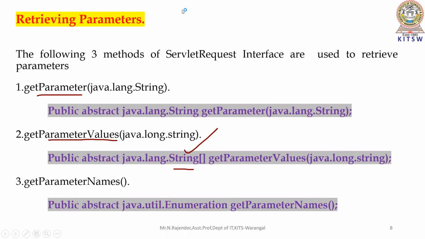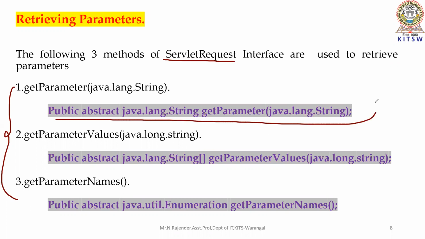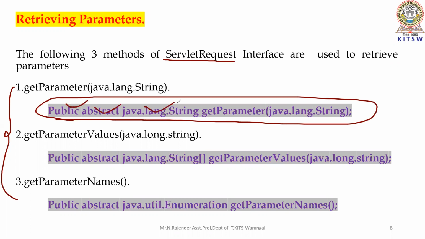These are the three different methods available in the ServletRequest interface to retrieve the parameters. This is the complete syntax: public abstract java.lang.String getParameter, taking java.lang.String. It accepts one parameter and returns one value of string type. You have to understand this method syntax, this method prototype or signature.